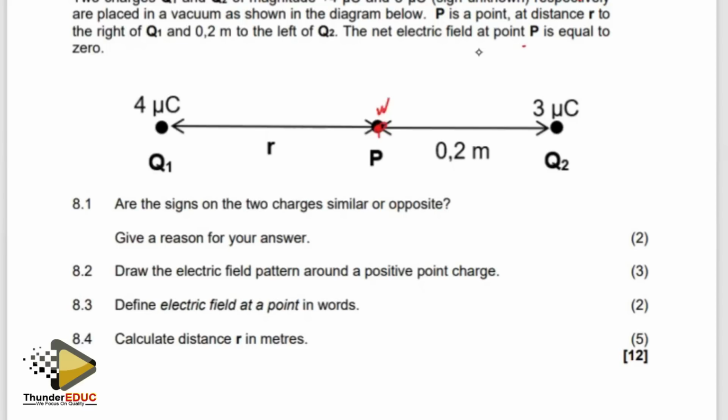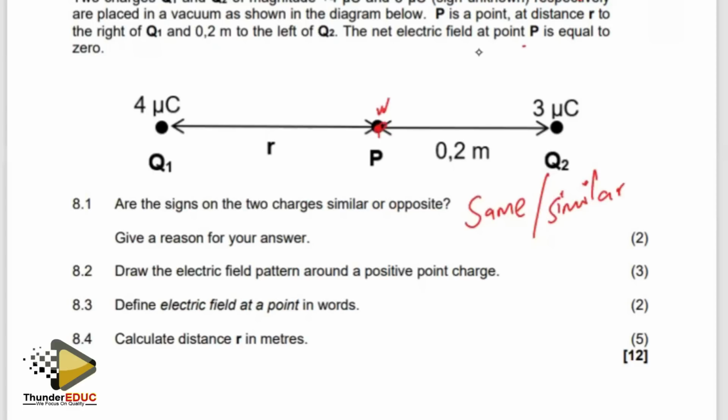chances are high there's going to be repulsion, and then we have a region here where there's no activity taking place. So we're going to say it's basically the same, or alternatively, based on what we've been given, we can say it's similar charges.